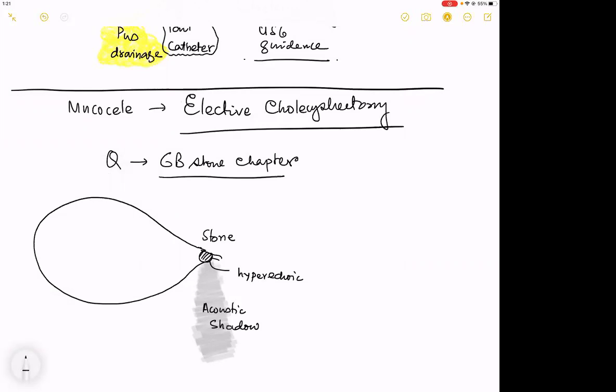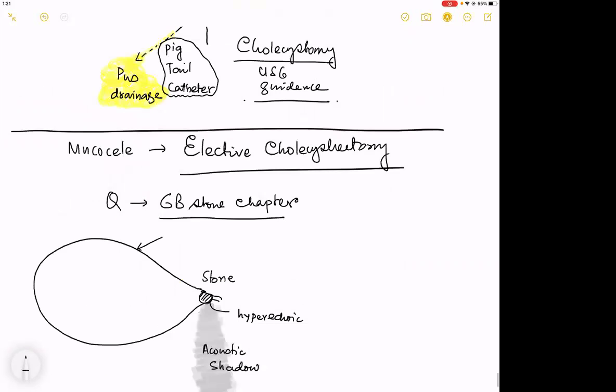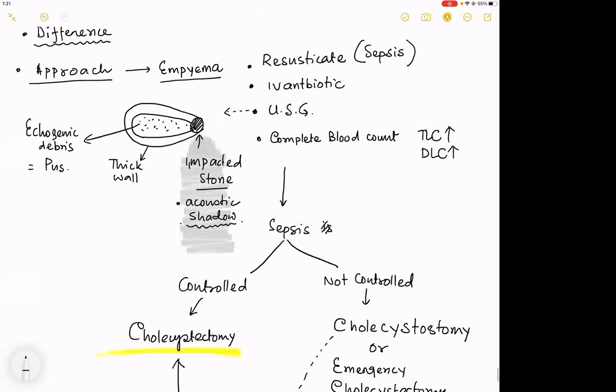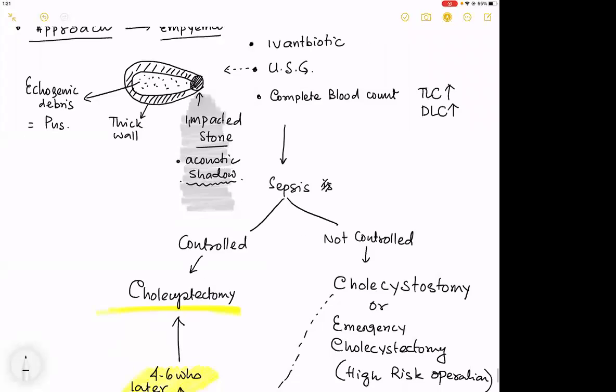Number 2 is, unlike that of a gallbladder empyema or a gallstone, the wall is thin. Empyema, what is the status of the wall? It was thickened. Chronic cholecystitis, gallbladder was thick.